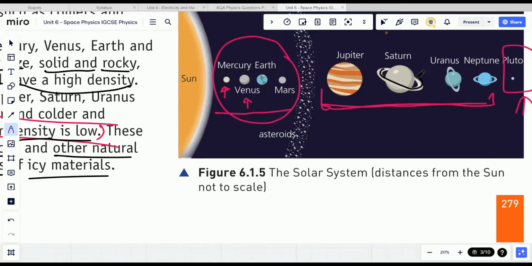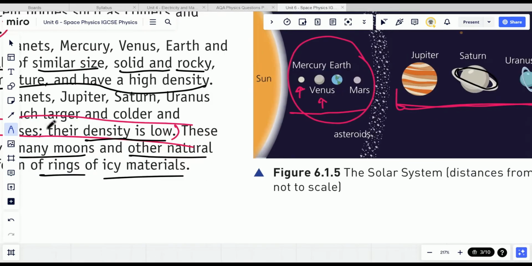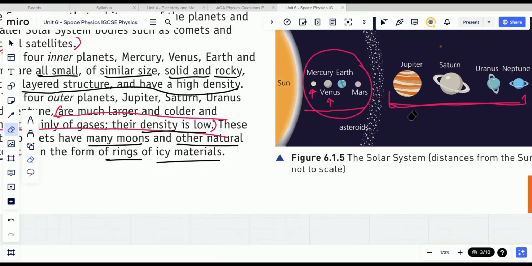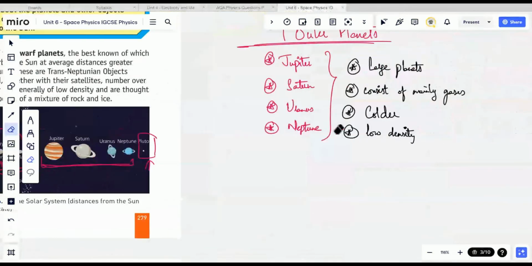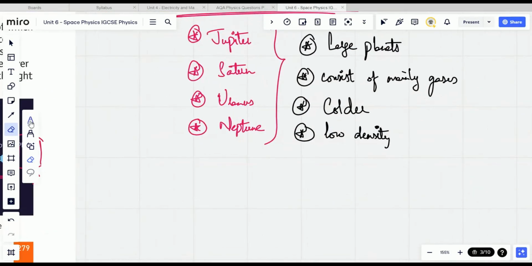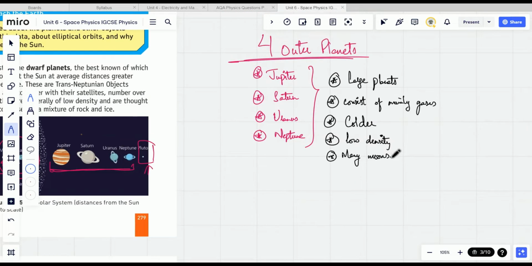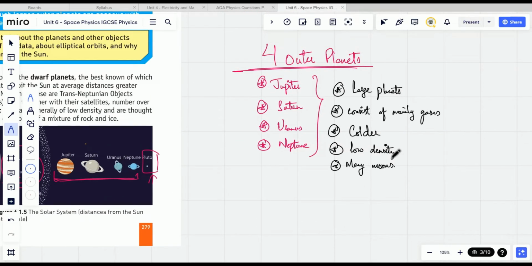These are all those other things which have just formed a ring around it and they are just orbiting around Saturn. So let's write this as well that they have many moons. Is this part clear to you all? Okay, let's write down some points for them now.